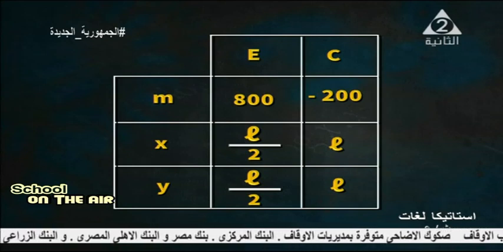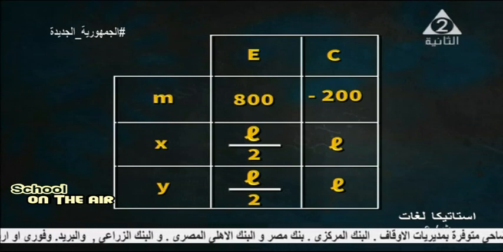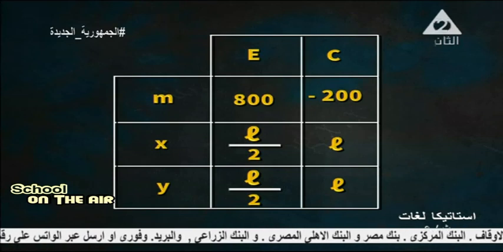By using the same rule, M1 x1 plus M2 x2 over the summation, 800 plus negative 200, which is 600.